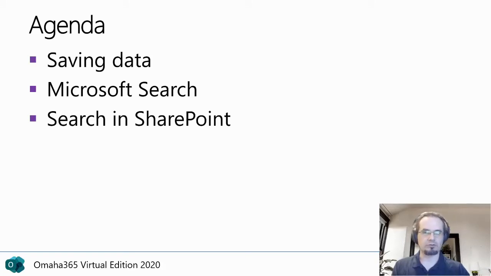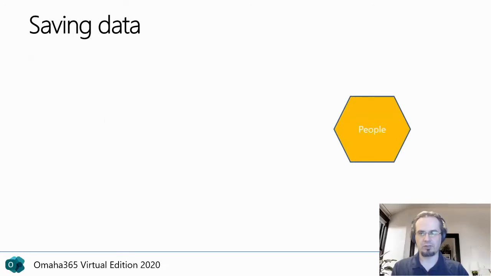Then what we can use in SharePoint, so search in SharePoint, and at the end connectors, quite new and still in preview stage, but a very powerful feature. Okay, so let's go and start.